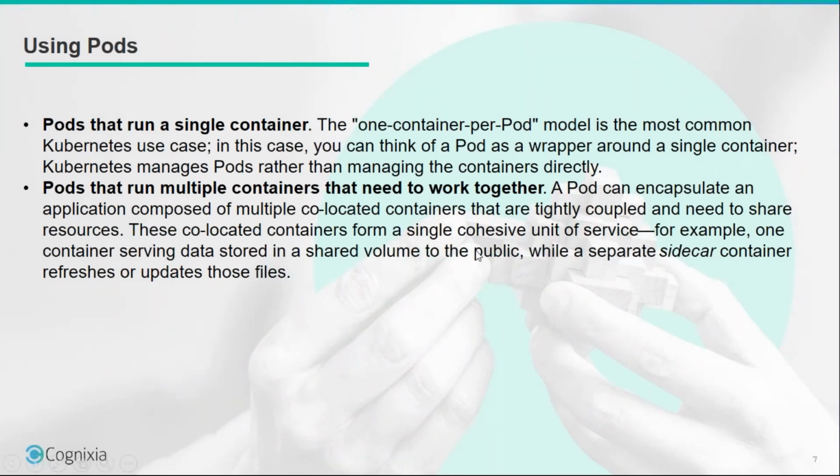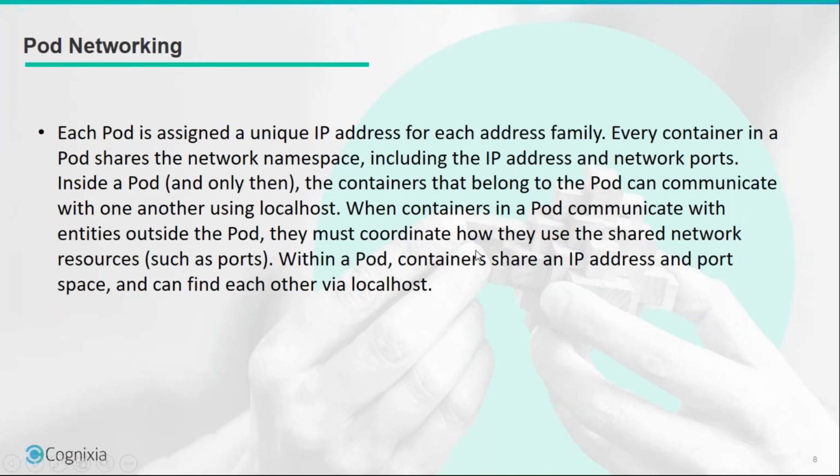So each pod is assigned a unique IP address for each address family. Every container in a pod shares the network namespace, including the IP address and network ports. Inside a pod, the containers that belong to the pod can communicate with one another using localhost.